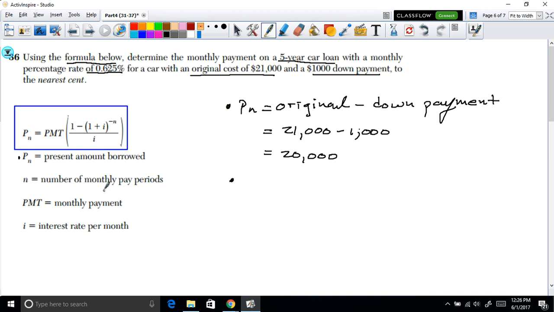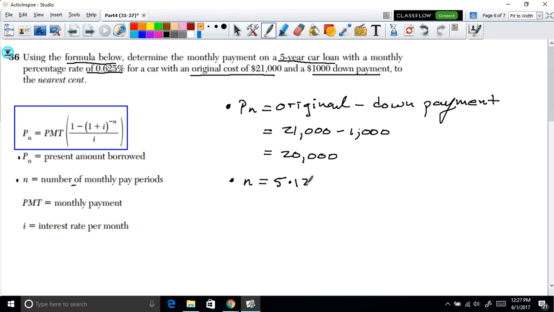All right, so let's see. Do we know what n stands for? n is the number of monthly pay periods. It says determine the monthly payment for a 5-year car loan. We know that we're looking at a 5-year plan, but how many months are in a year?